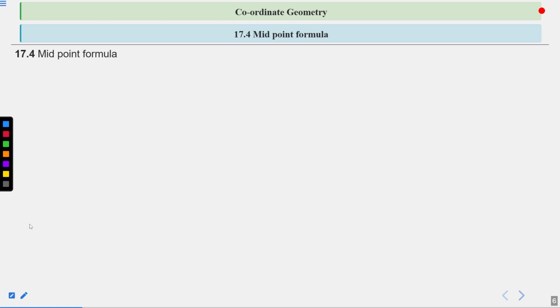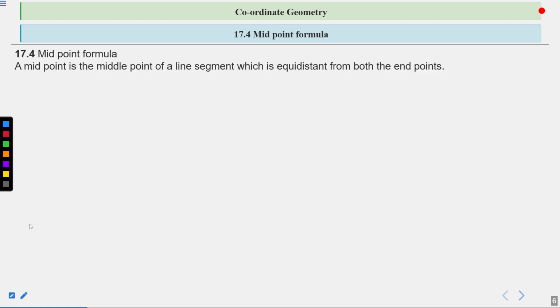Midpoint formula. A midpoint is the middle point of a line segment which is equidistant from both the endpoints. If we need to calculate the midpoint C between A and B, we can calculate it using the formula, because we need to calculate the coordinates of C. We have the coordinate of A, which is x1, y1, and the coordinate of B, which is x2, y2.